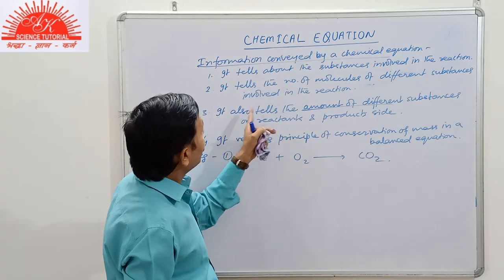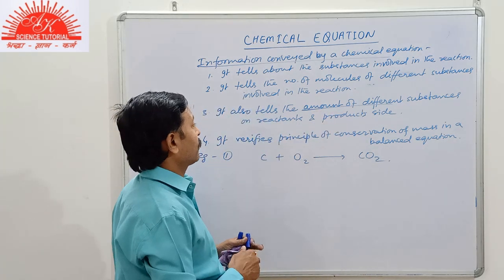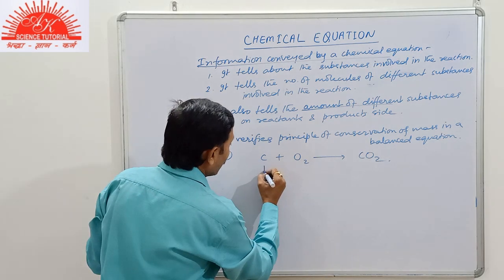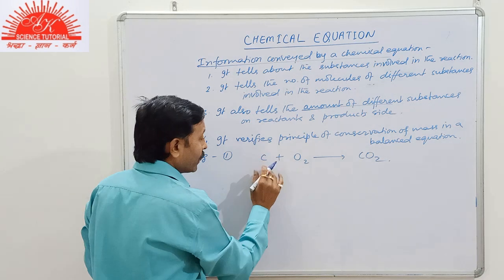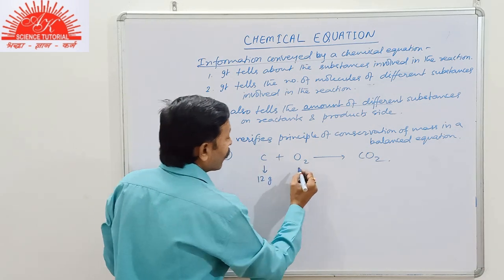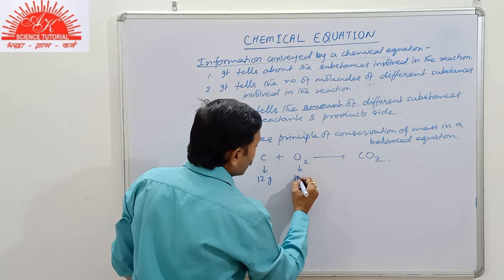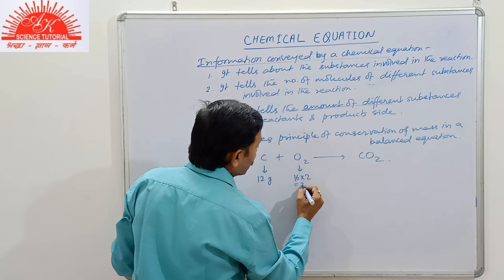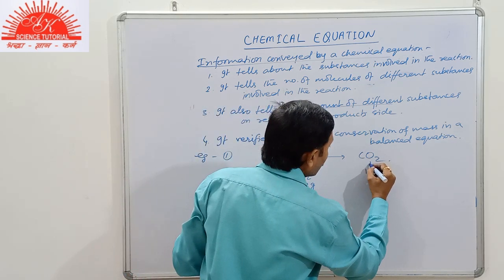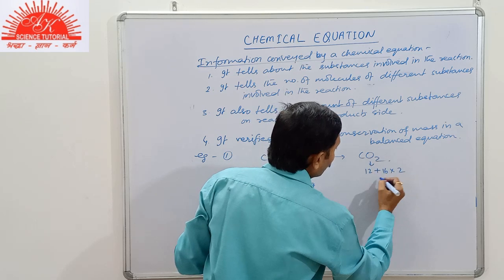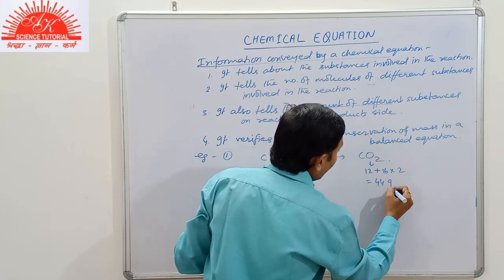Next, it tells the amount of different substances. You see here, suppose the atomic mass of carbon is 12, so we take 12 gram. Oxygen is 16 into 2, that is 32 gram. And here 12 plus 16 into 2, that is 44 gram.